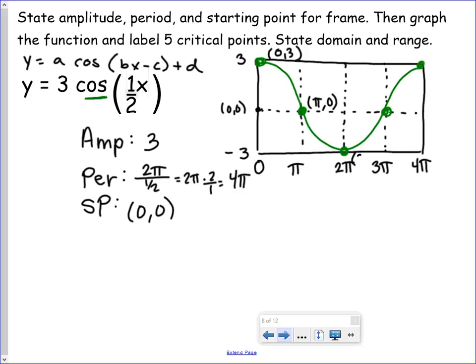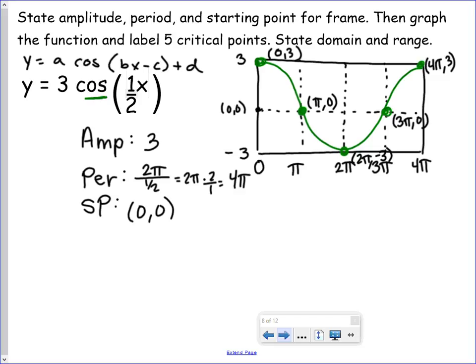Here we're at 2 pi and -3. 3 pi and 0, and then 4 pi and 3. And so I've labeled the 5 critical points. Even though you've labeled around the outside, I'm still checking for those 5 points labeled as ordered pairs.